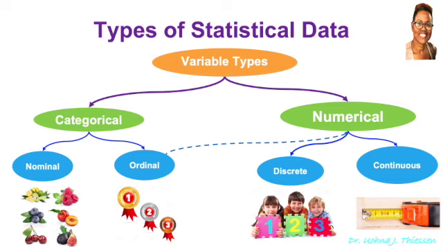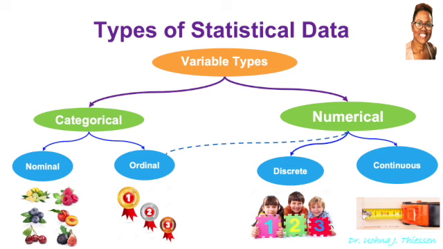Now, if those values can take a range of forms that include fractions or decimals, then it would be a continuous variable. So the height and weight and temperature and those kinds of variables would be considered continuous variables. So those are the different types of variables that you have.